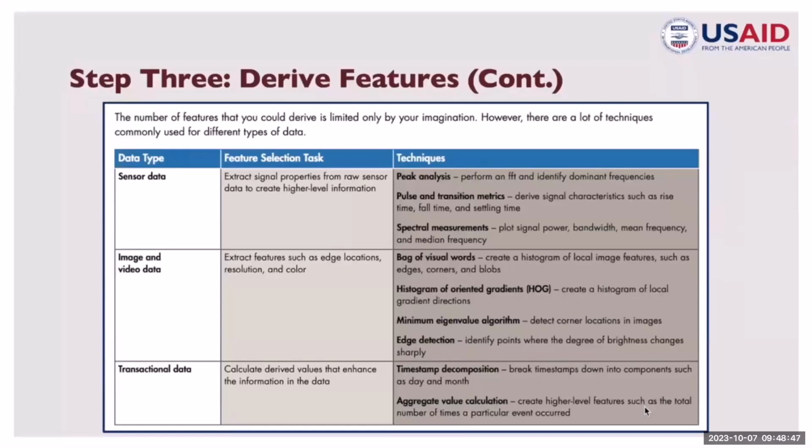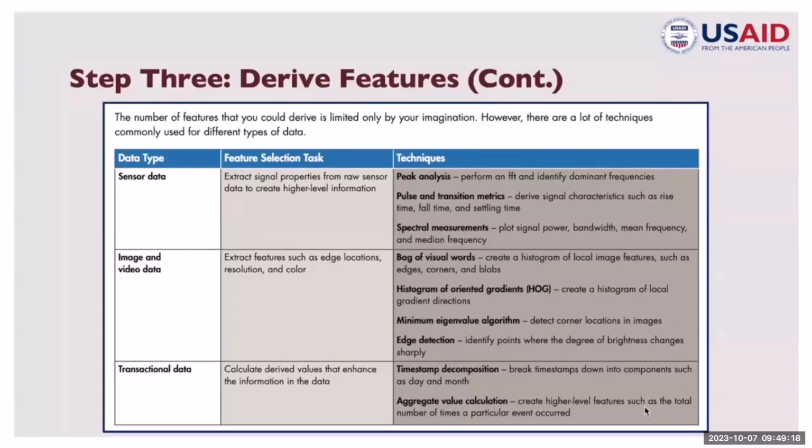If we have sensor data, such as in our example, we can use feature selection tasks such as peak analysis, pulse and transition metrics, and spectral measurements. Now, if we have data in the form of image and video, we can use the feature selection task of extracting features from edge locations, resolutions, and color.